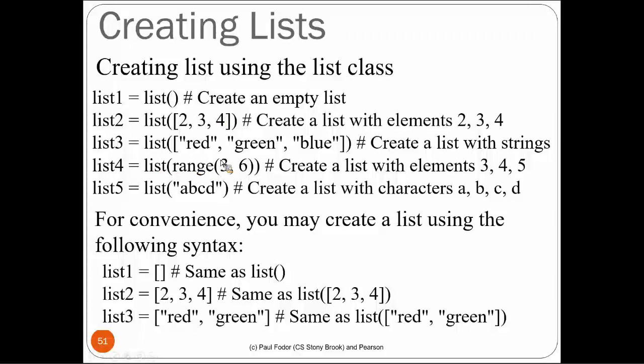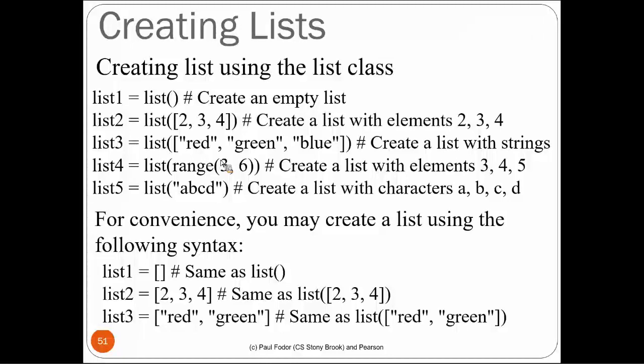In this case, the list contains the elements of that range. Now you can see the difference: range is not actually a list. Range is actually a lazily evaluated function. You can also create a list out of the characters of a string. So list of A, B, C, D is basically the list of the strings A, B, C, and D.